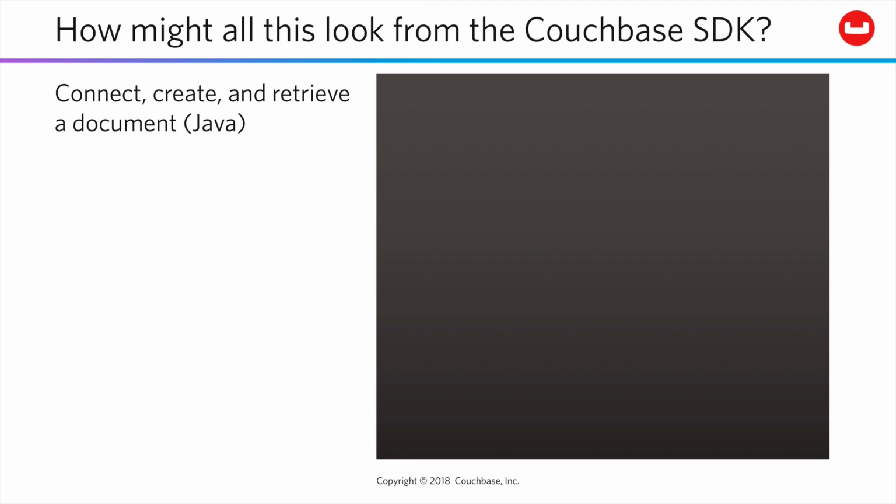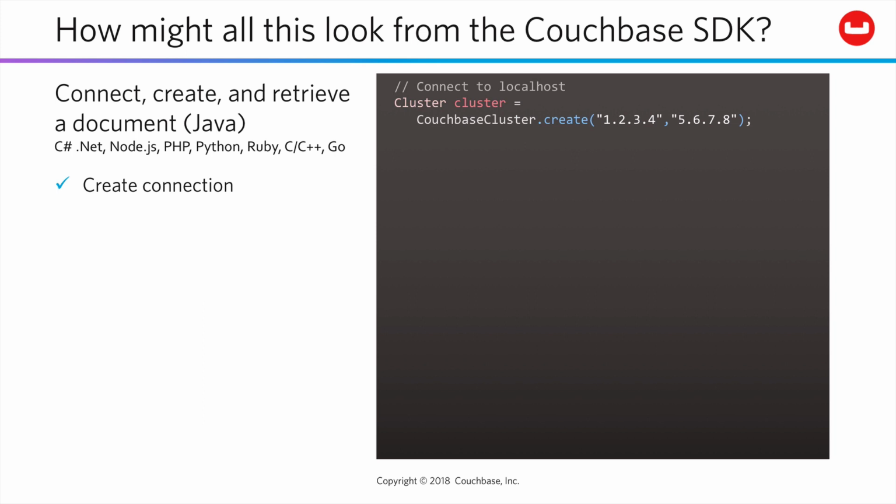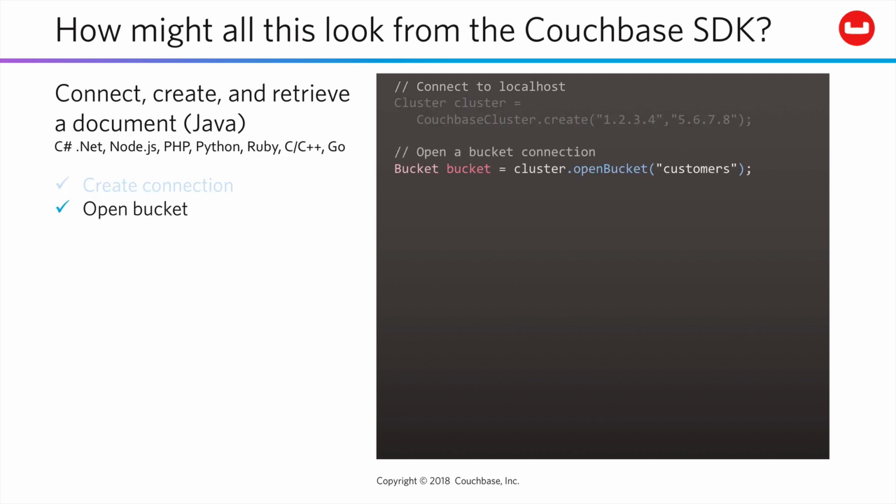So how might connecting to a bucket and creating a document look in practice? We'll look at this in Java, but you'll find the same unified approach across all our SDKs. First, you create a connection by pointing to one or more high-availability bootstrap nodes. After this initial connection, the client will be continuously updated with a map of all nodes and will manage the connections. Then you open your desired bucket.